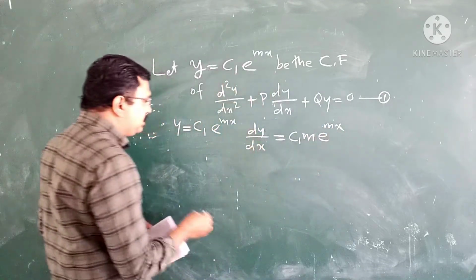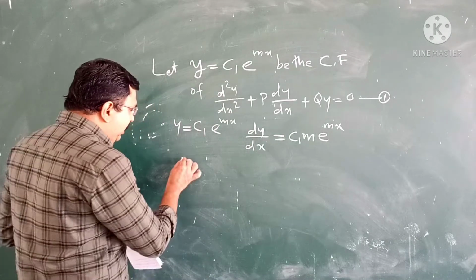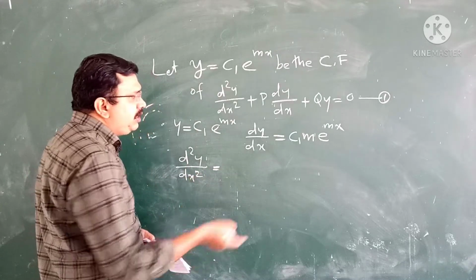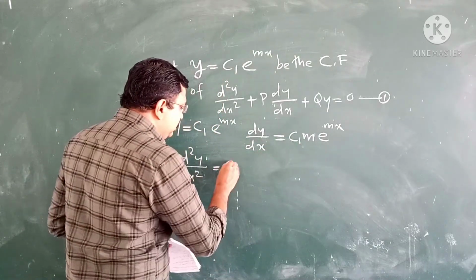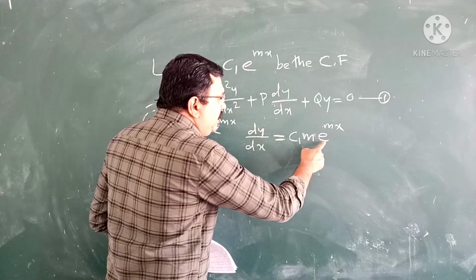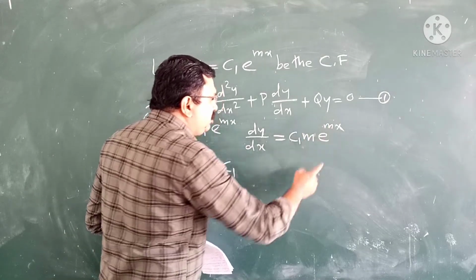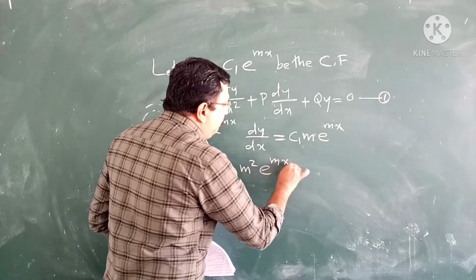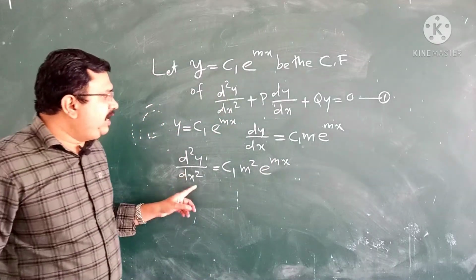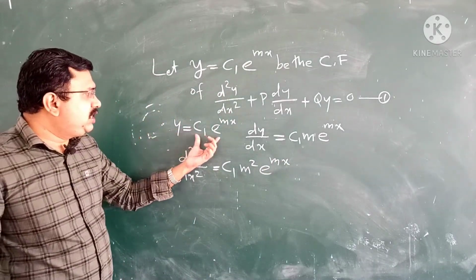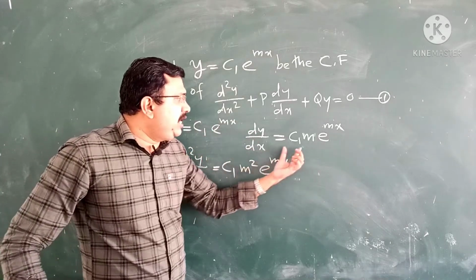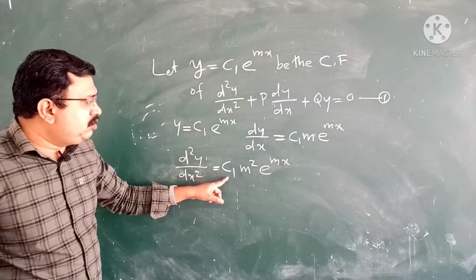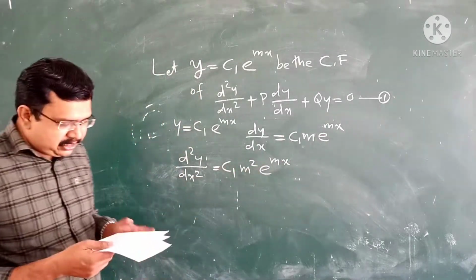Then d square y by dx square, taking the derivative again, is c1 into m into m e raised to mx, that is c1 m square e raised to mx. So we get y equal to c1 e raised to mx, dy by dx equal to c1 m e raised to mx, and d square y by dx square equal to c1 m square e raised to mx.